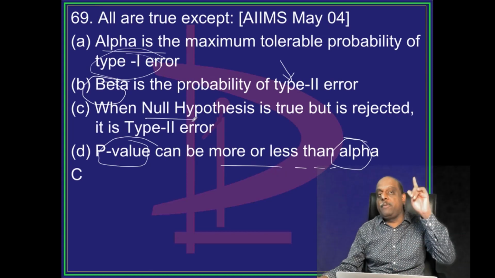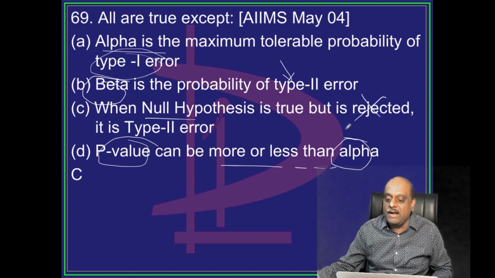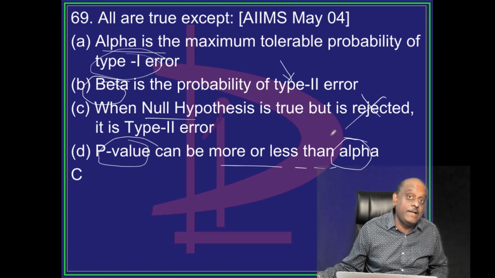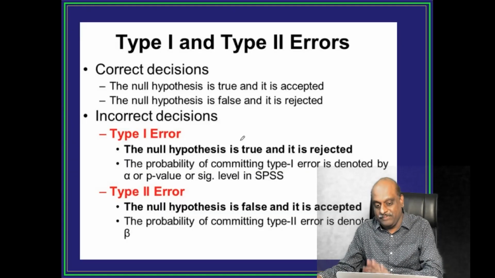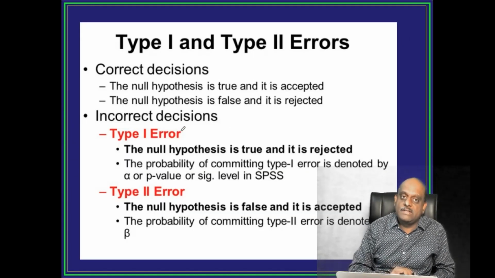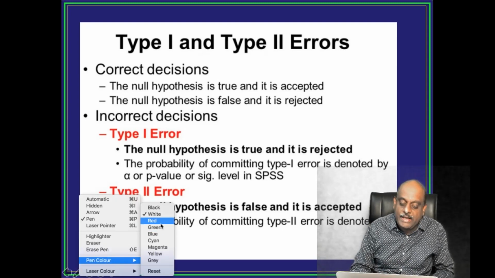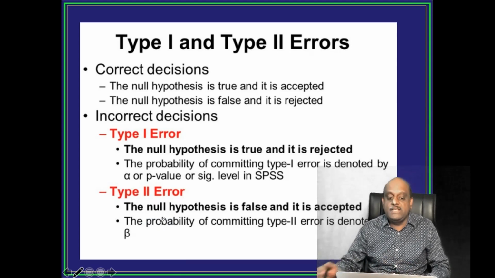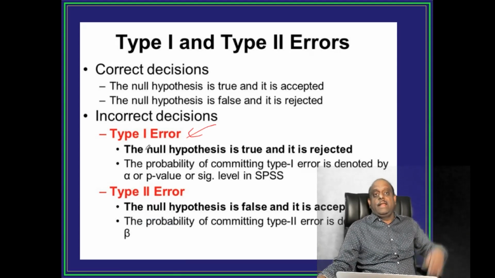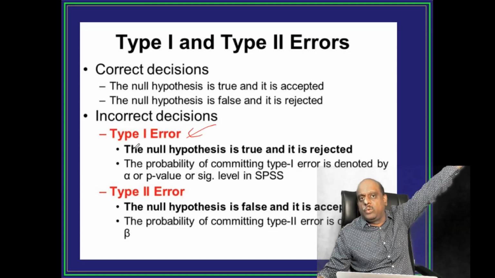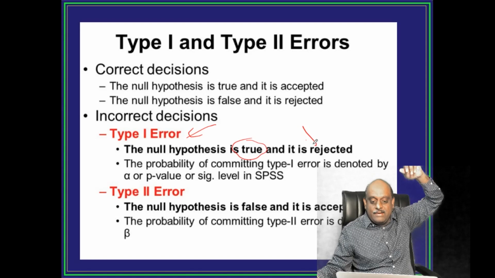When null hypothesis is true, but it got rejected, what type of error is it called? It is called type 1 error, not type 2. Once more, don't miss this favorite question of the examiner. डॉक्टर हर एक exam में ही पूछता है examiner, उसको दूसरी चीजें आती भी नहीं. Type 1 error. The null hypothesis is true, but it is rejected.